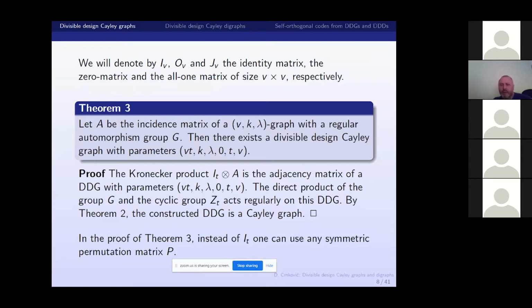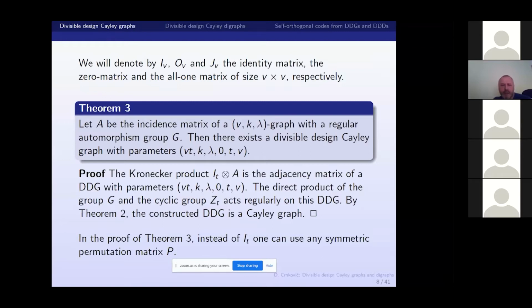And we will conclude it by finding a regular automorphism group, and it is also obvious that a direct product of the group G, which is mentioned in the theorem, and the cyclic group of t elements acts regularly on this DDG. And by the Sabidussi theorem, the constructed DDG is a Cayley graph.